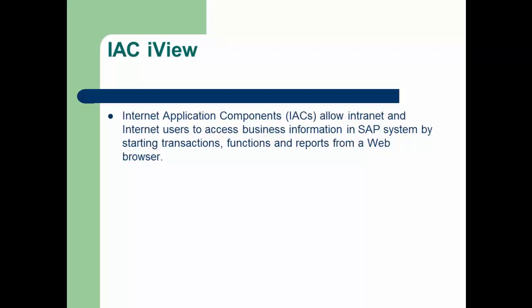We have to create the IAC in the SAP backend system, then activate the IAC. Later we have to create the SAP IAC iView in SAP Enterprise Portal. This is usually for internet users to access business information in web browser format.